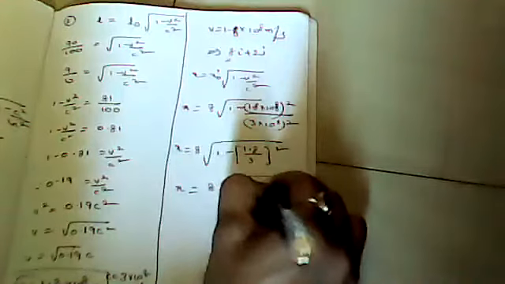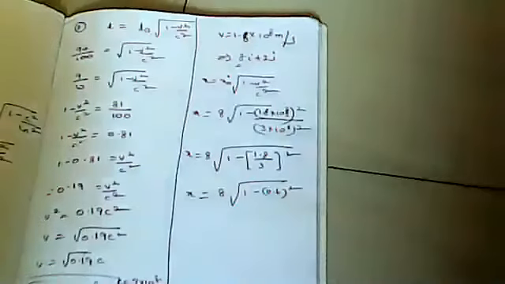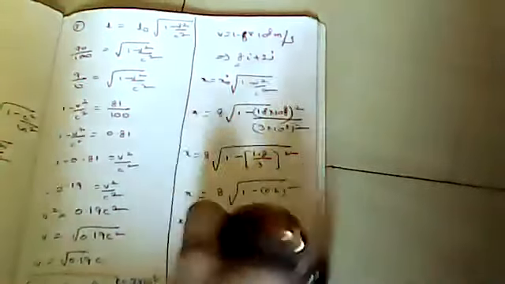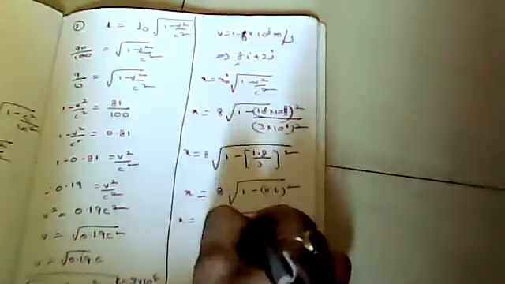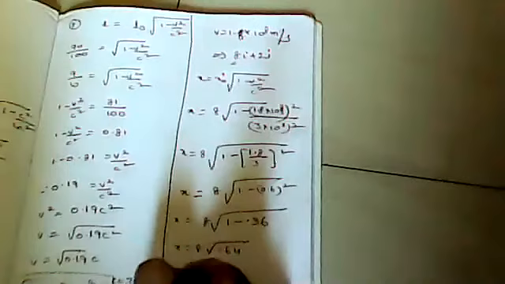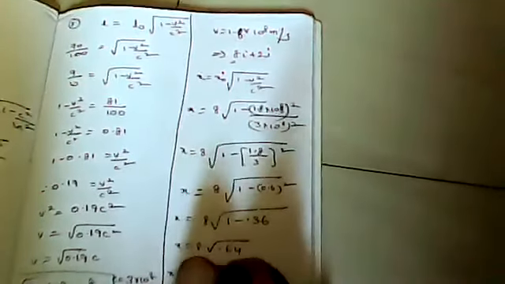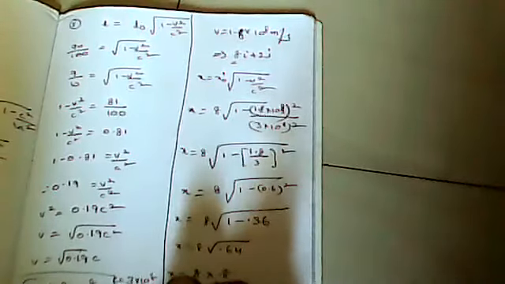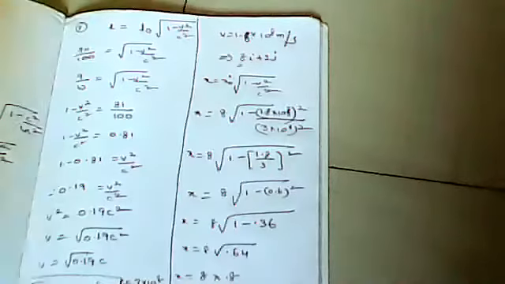So 0.6 whole square. Again, x is equal to 8 root 1 minus 0.36, which is 8 root of 0.64, which is 8 into 0.8. So x is equal to 6.4.